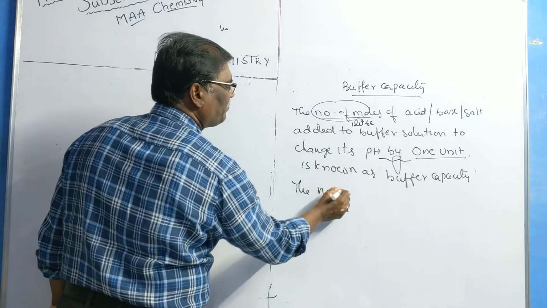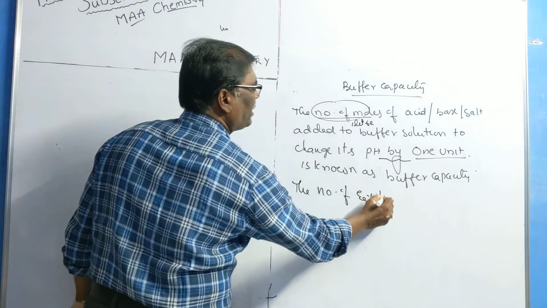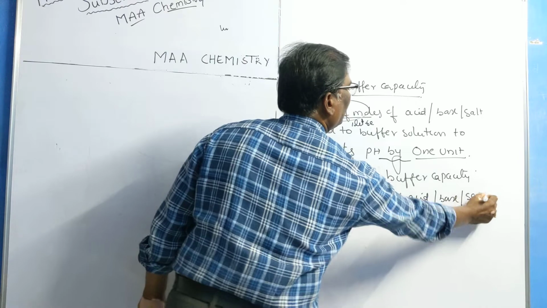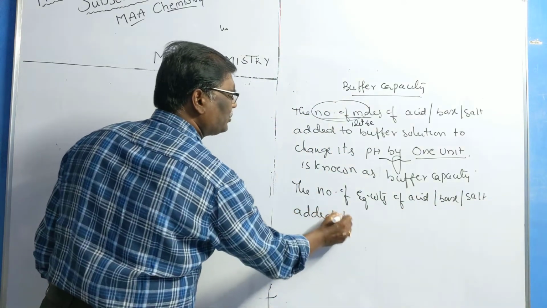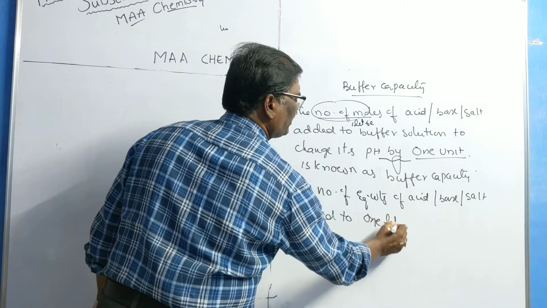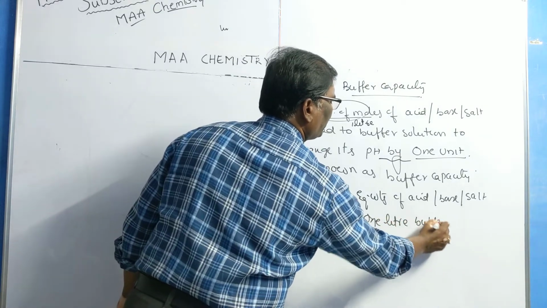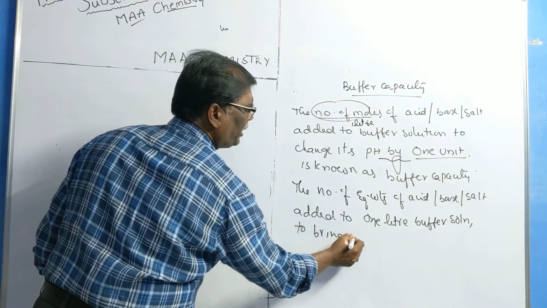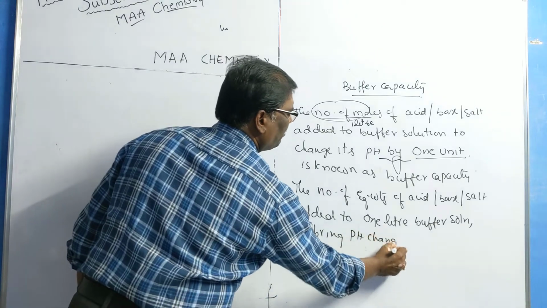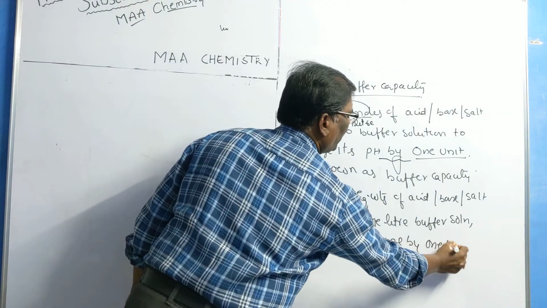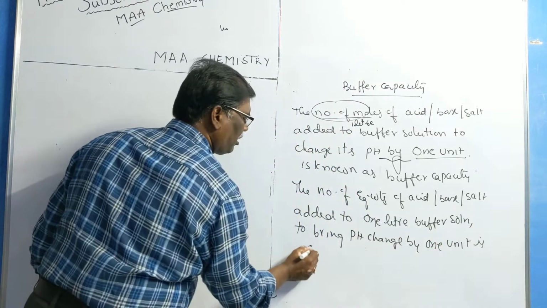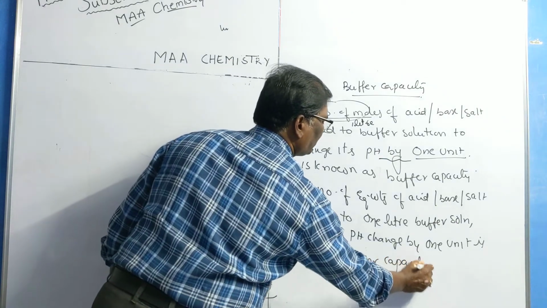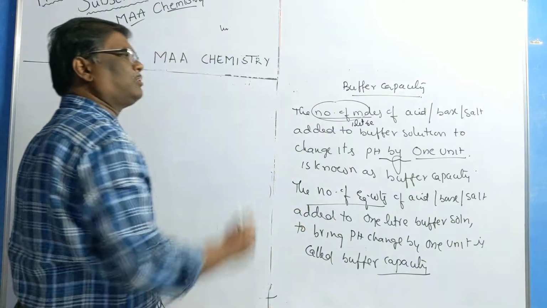The number of equivalent weights of acid or base or salt added to 1 liter of buffer solution to bring pH change by 1 unit is called buffer capacity. Better you take equivalent weights, not moles.